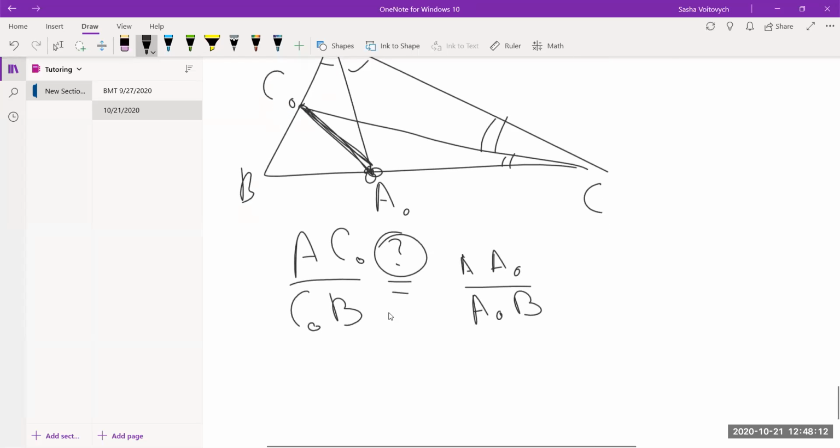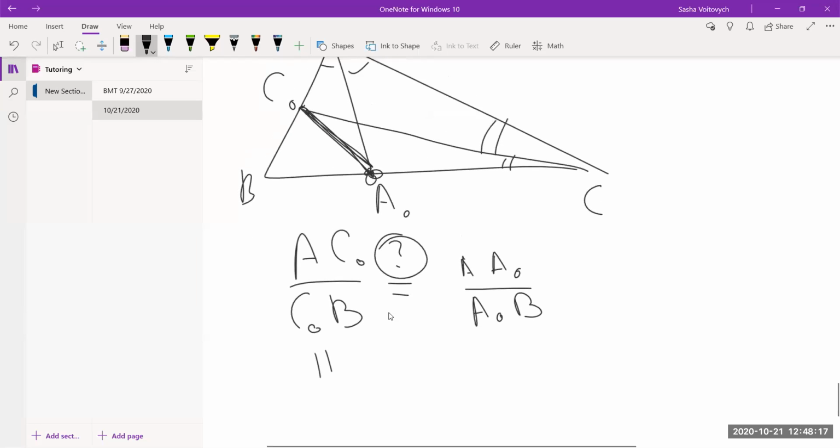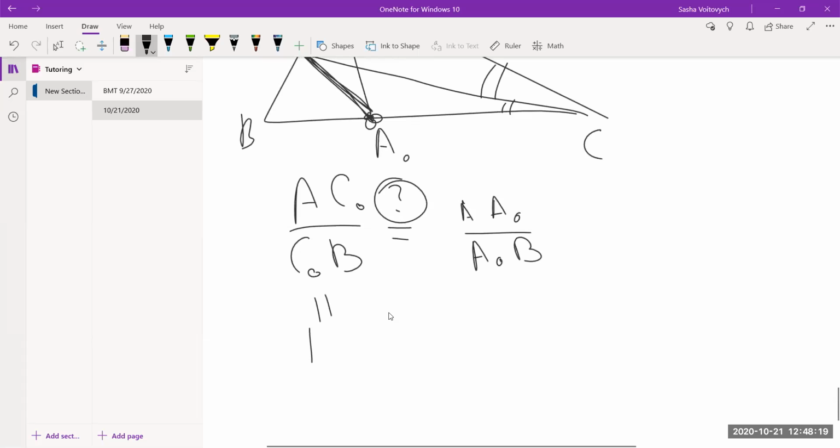So then we know that AC0 over C0B is equal to AC over BC.